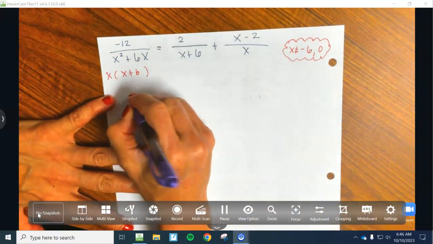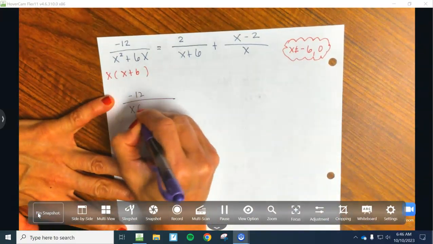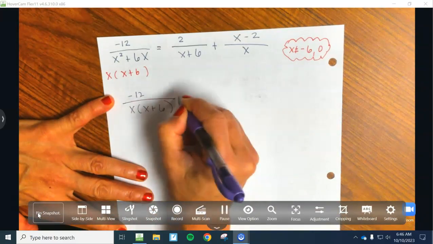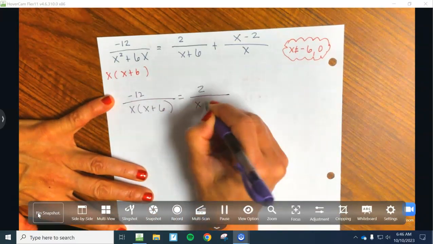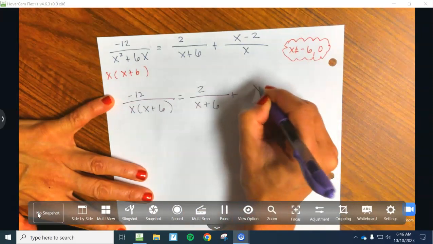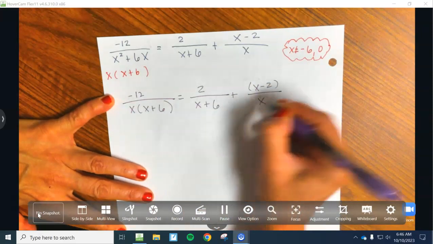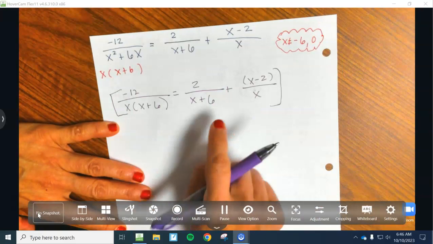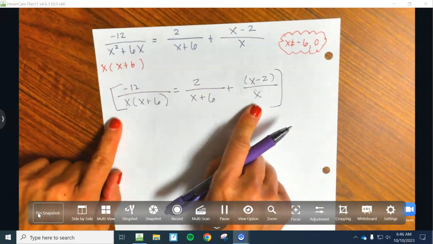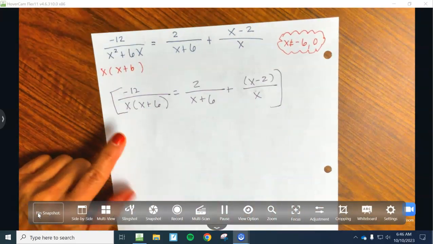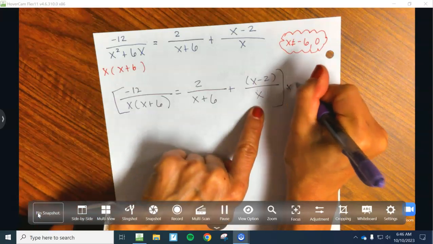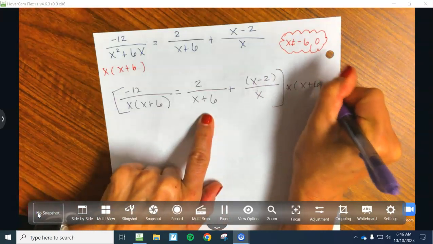So what we're going to do is take this, and I'm going to rewrite this in factored form. And we're going to multiply the whole entire equation by the LCD. And the LCD are just the 2 factors below the denominator. So it's going to be x times x plus 6.